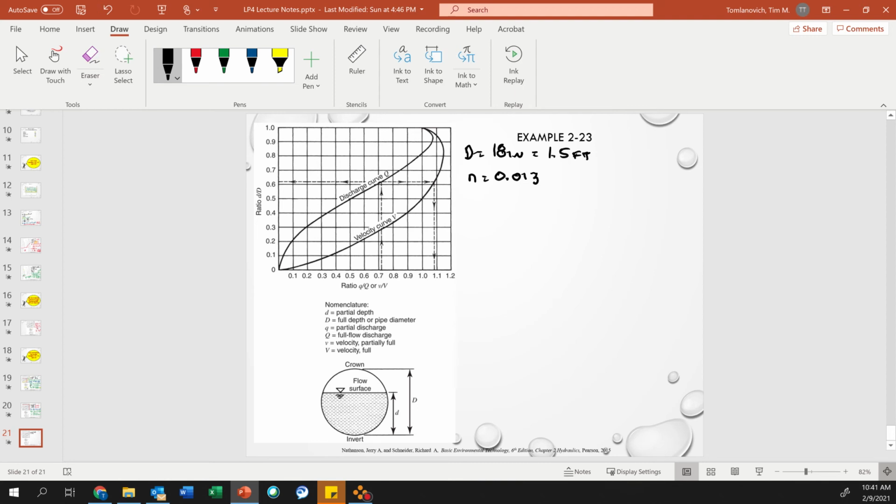It drops 1.6 feet in elevation over a 400-foot distance. So slope equals 1.6 feet divided by 400 feet. So our slope is 1.6 divided by 400, which is 0.004.